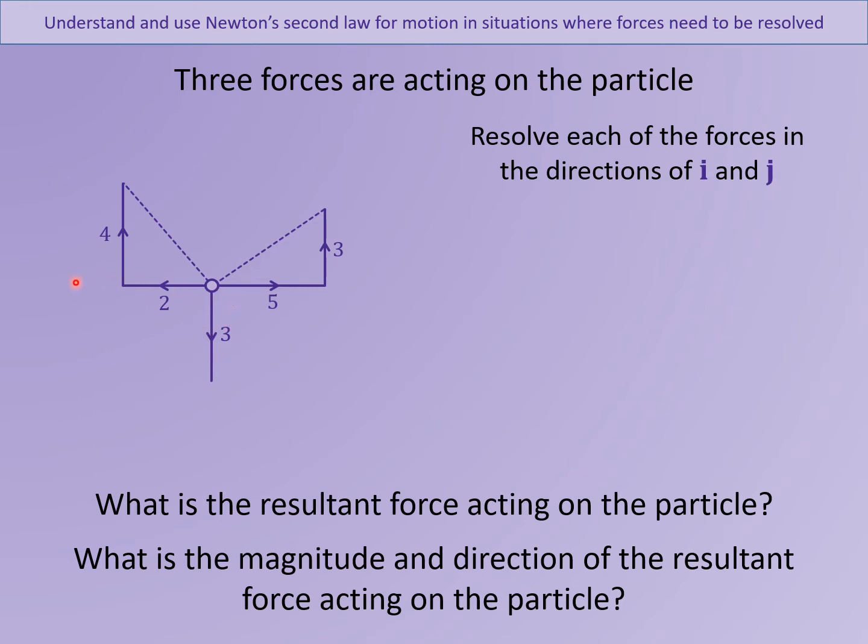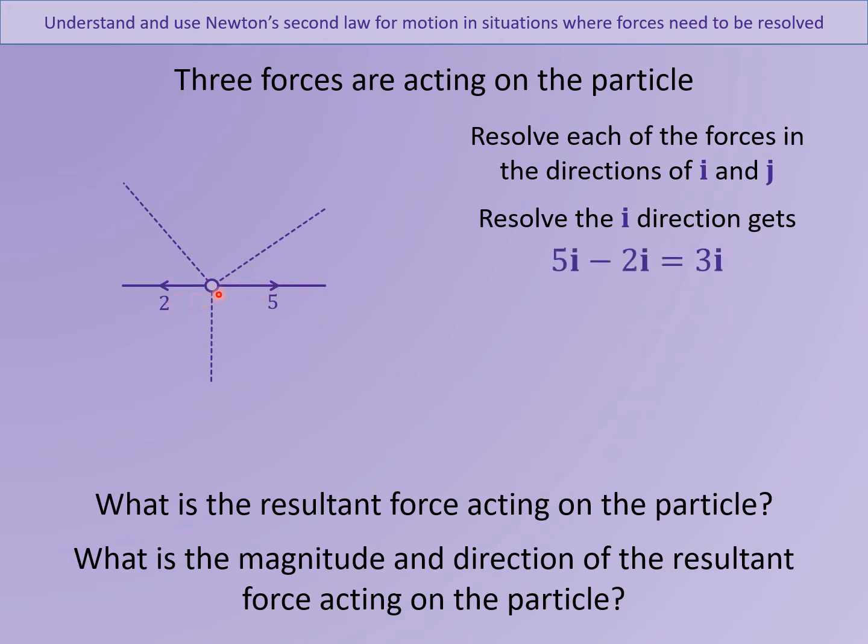Now, if I just consider the forces acting in the i direction for a minute, I can see that I have 5 pulling this way and 2 pulling that way. Again, if you consider this like a tug of war, someone's pulling with a force of 5 newtons in that direction, and someone's pulling with 2 newtons in that direction, then you know that particle is going to be moving this way as the 5 is greater than the 2.